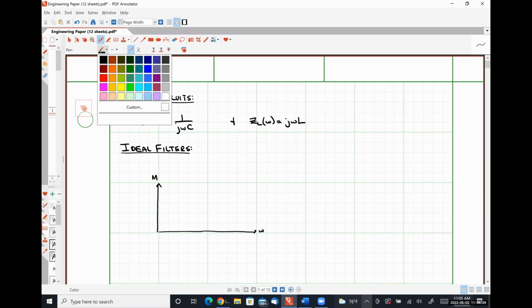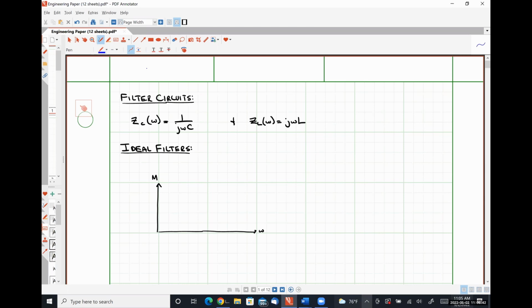For our first filter, we're going to have this kind of response, where for signals having frequency below omega c, all of the signal gets passed to the output of our filter. And for frequencies greater than omega c, none of the signal gets passed.